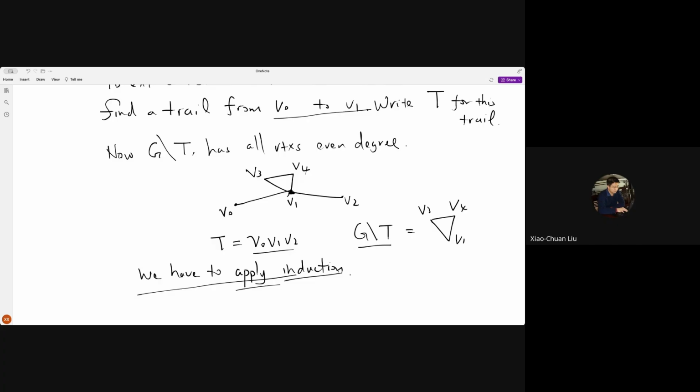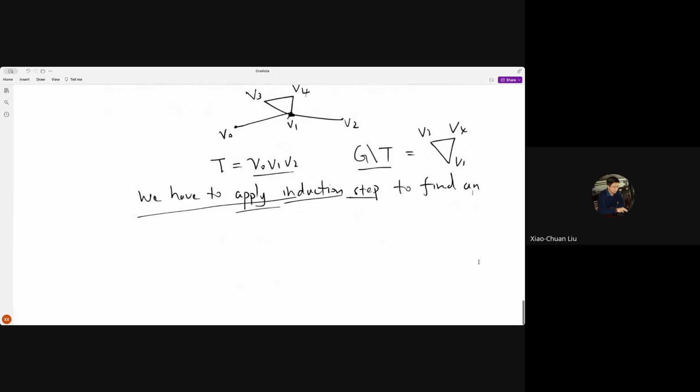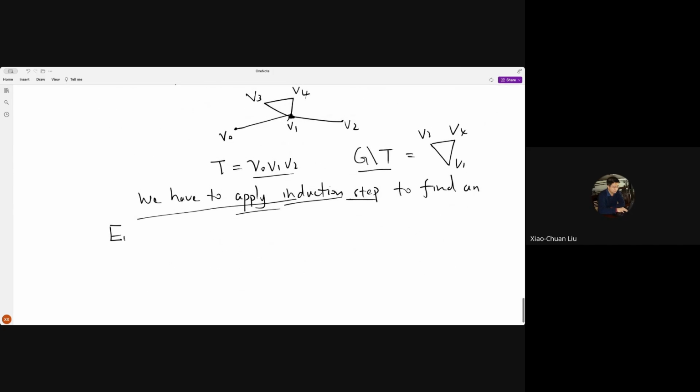So here we have to apply the induction step to find, for example, an Euler tour C, say W0, W1, until Wk, W0.